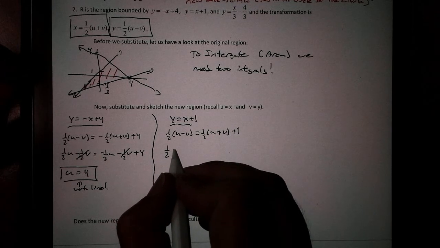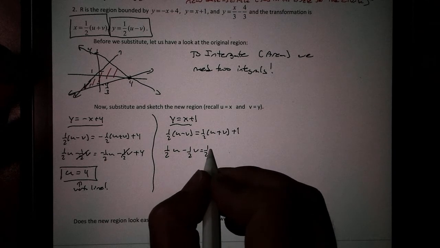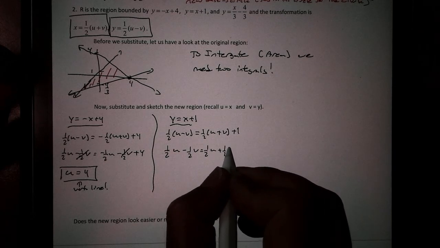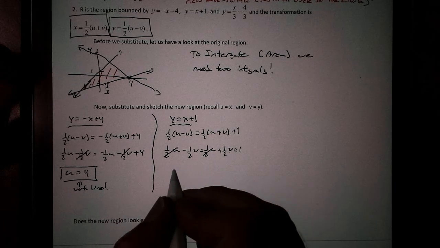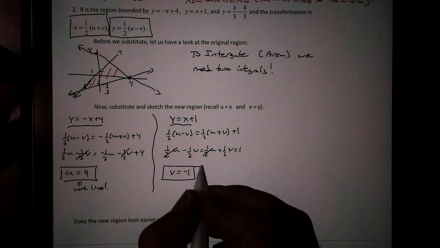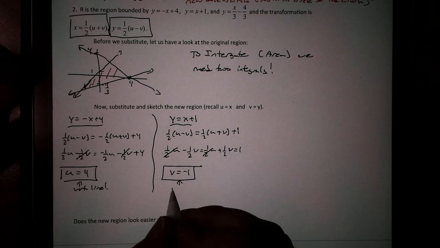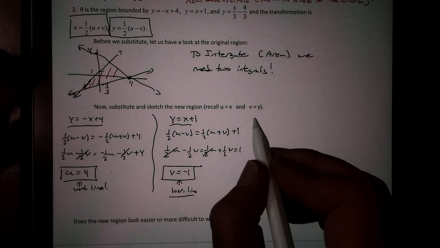Simplifying, 1/2 u minus 1/2 v equals 1/2 u plus 1/2 v plus 1. And notice here the u's cancel, and when you solve here, you're going to get v equals negative 1. And remember, v is like my y, so this is like a horizontal line. Again, already easier to work with.